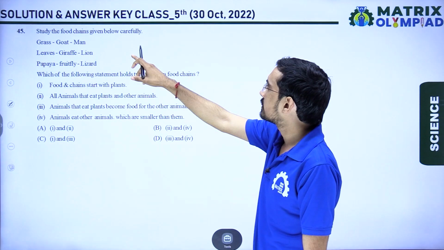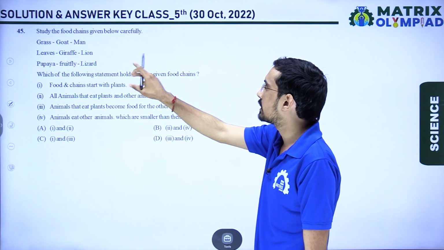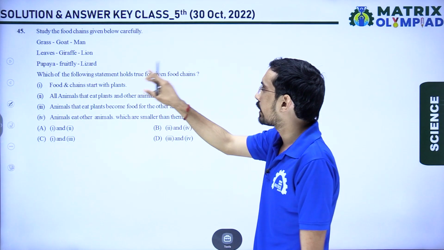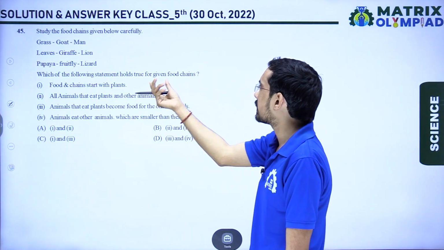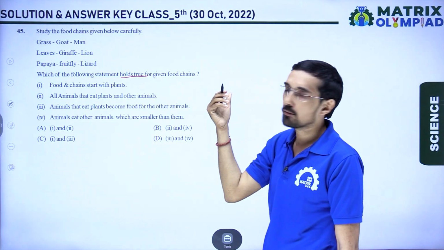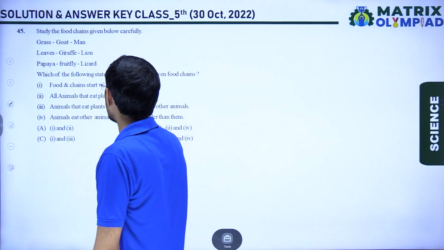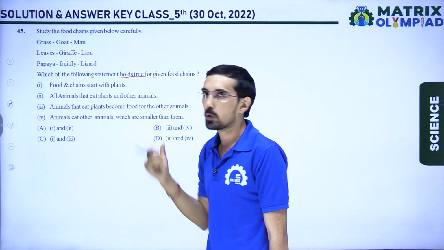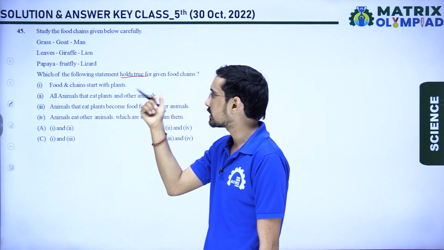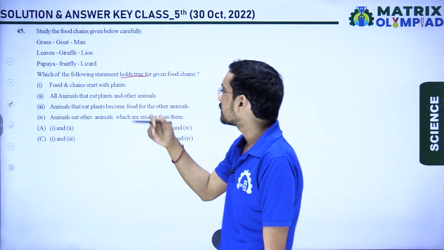Study the following chains given below carefully. Grass, goat and man; leaves, giraffe and lion; papaya, fruit fly and lizard. Which of the following statement holds true? We have to find out the true statement given for the food chain. As you all know that the main component of food chain is producers. Second is all animals that eat plants and other animals.